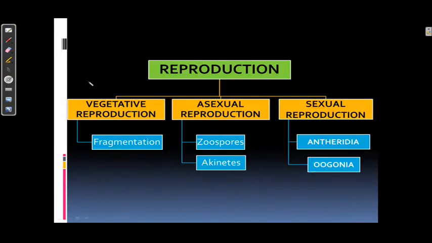So let's know about how reproduction occurs in Oedogonium. In Oedogonium, reproduction can occur by three modes: vegetative, asexual, and sexual reproduction. In this lecture, we are only going to discuss sexual reproduction, as vegetative and asexual reproduction we have already completed in our previous lecture.